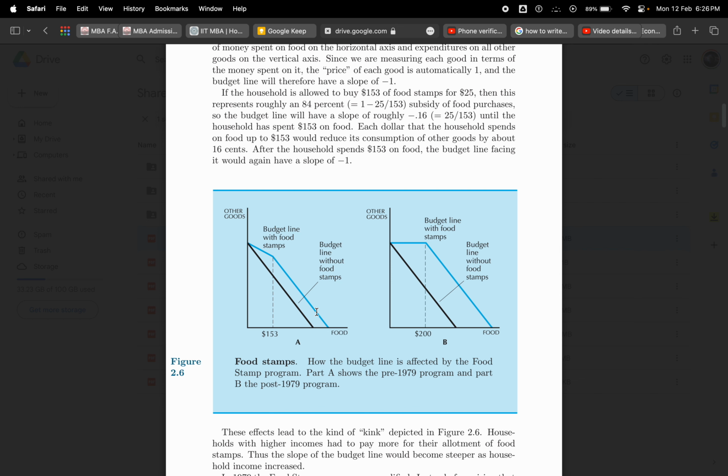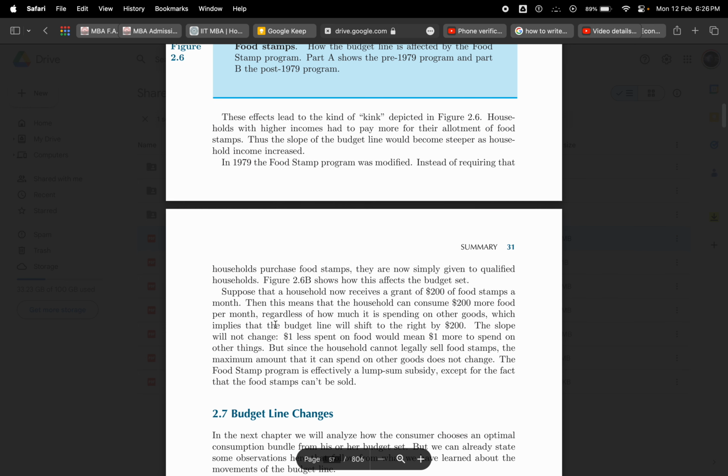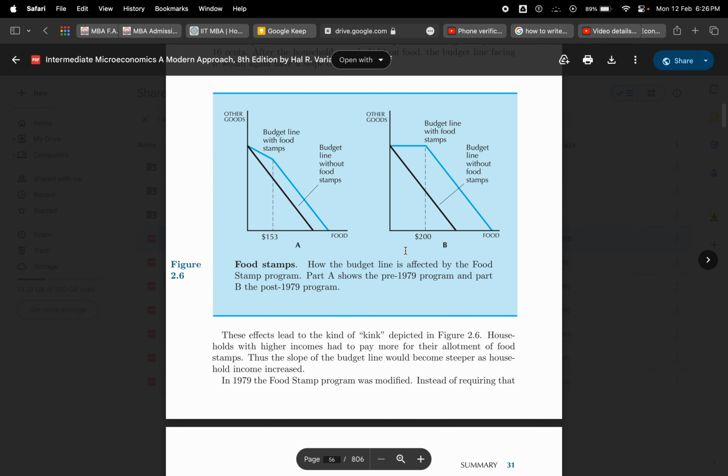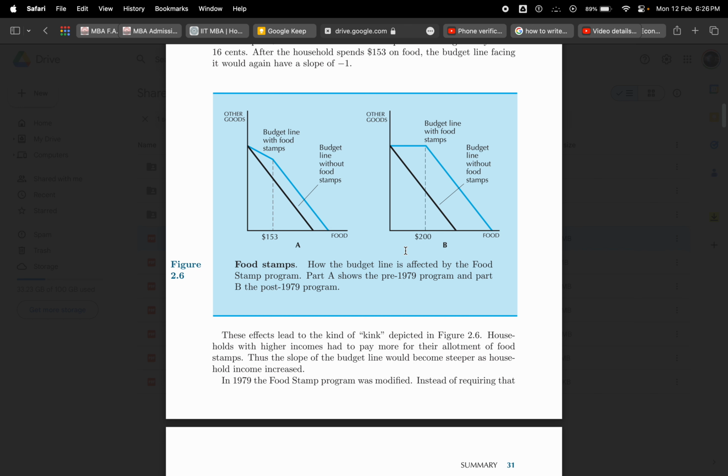I don't understand. This is supposed to be quantity of good. Why is there a price? Curious.